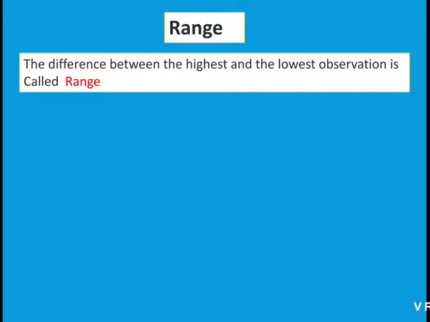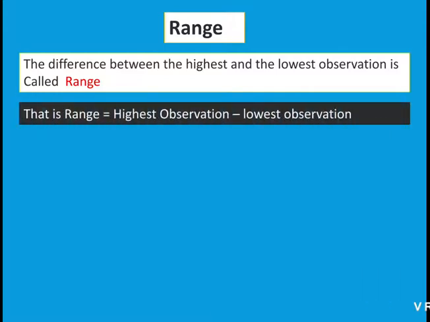First we find the highest observation from the given data. Then find the smallest observation. After that, we find the difference. That means we subtract the smaller observation from the bigger one. Very simple. Range equal to highest observation minus lowest observation.